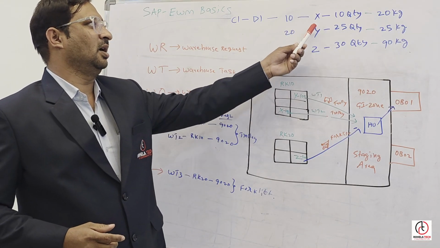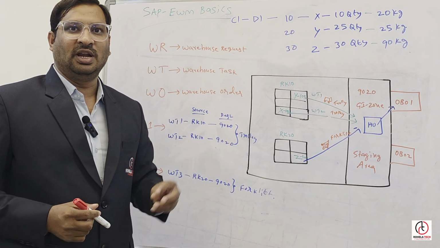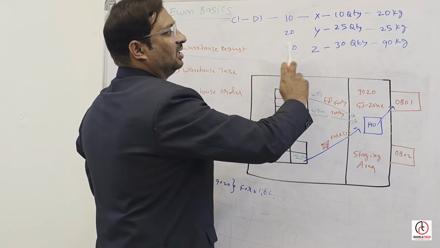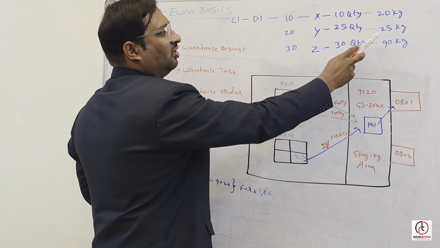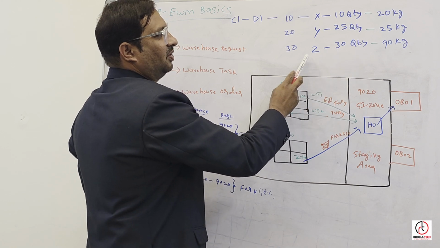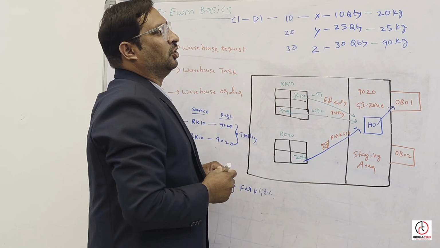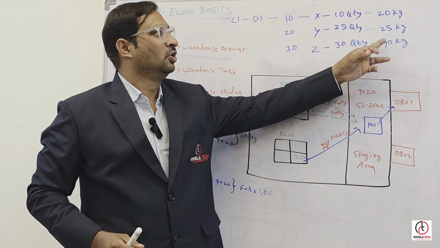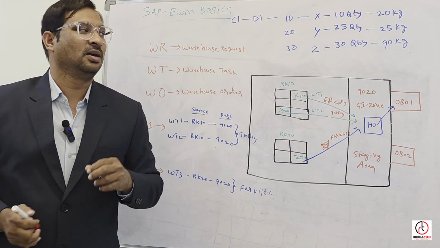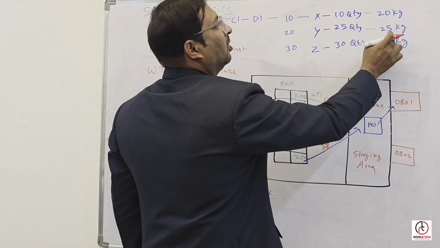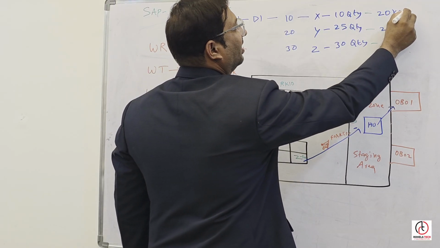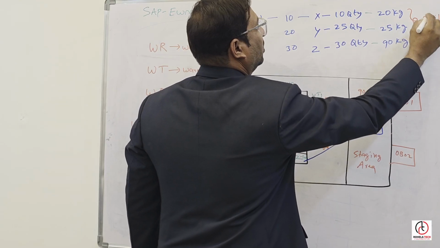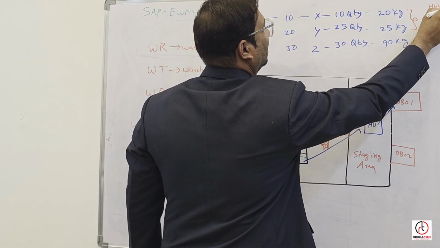Let's say X and Y materials are very light items. So 10 quantity of X material is 20 kgs, 25 quantity of Y material is 25 kgs, 30 quantity of Z material is 90 kgs. So a human being cannot pick 90 kgs weight. So the warehouse manager is saying, I want to pick these 20 and 25 kgs with the trolley, with human resources operating this trolley.